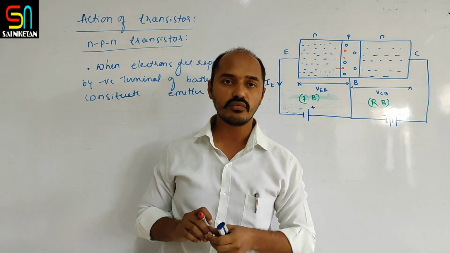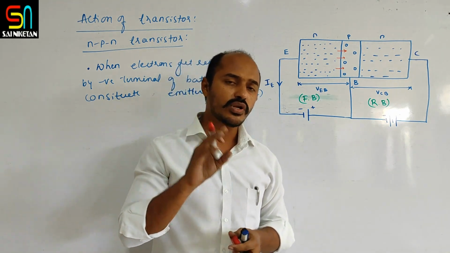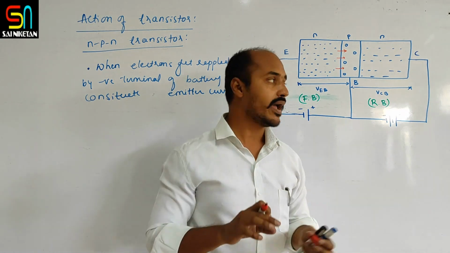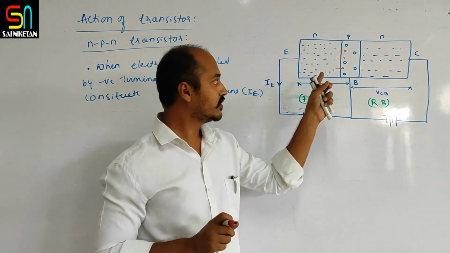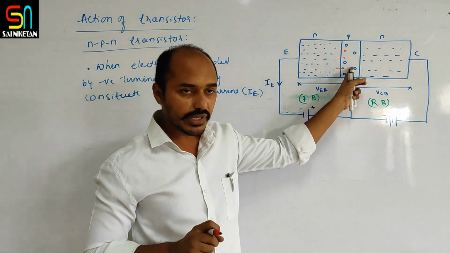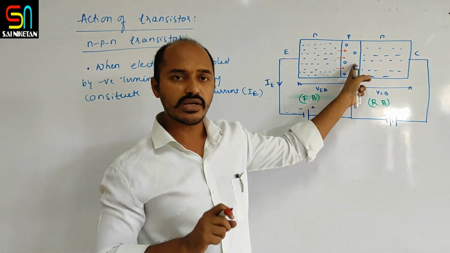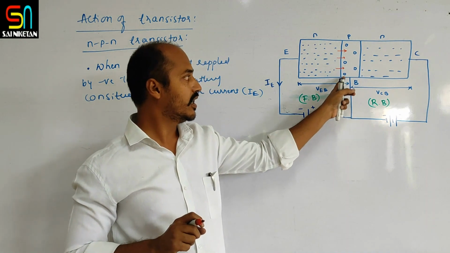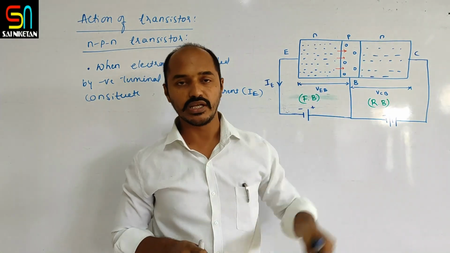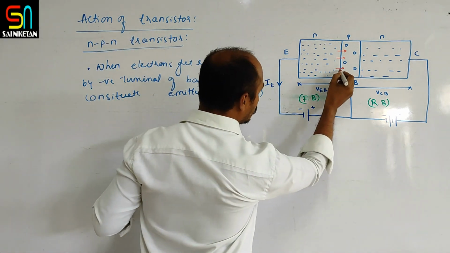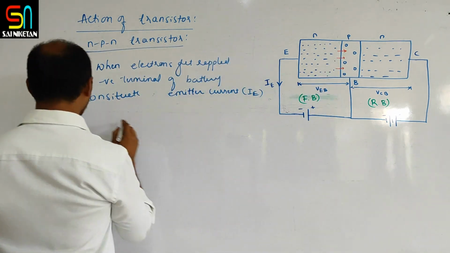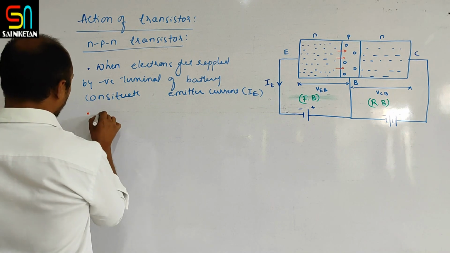So very few electrons get absorbed by the holes present in the P region. So what is happening when electrons move from N region to P region? Very few electrons get absorbed by the charge carriers present in the P. So by moving this electron to the base region, the base current is formed.